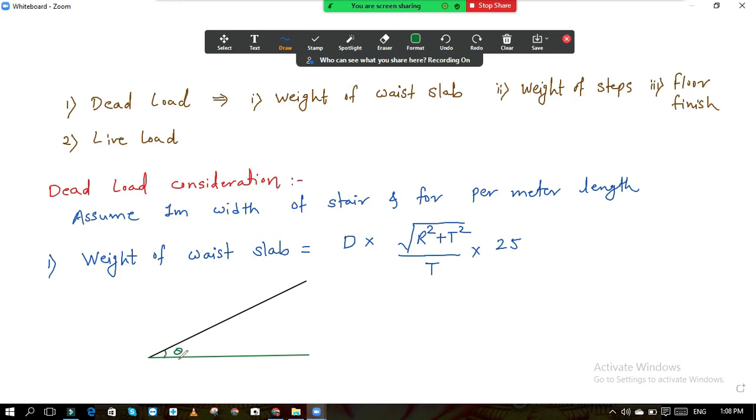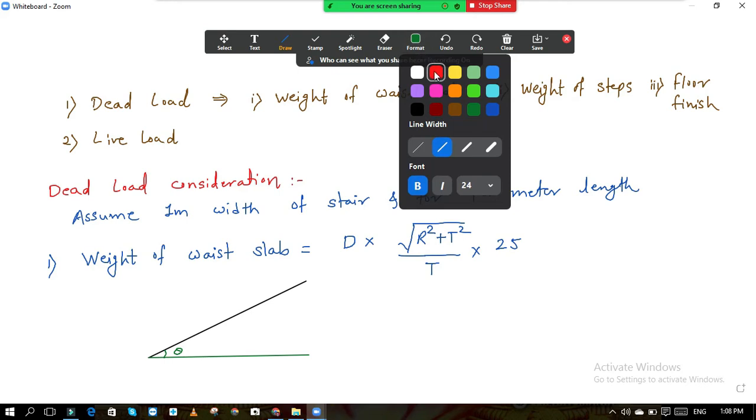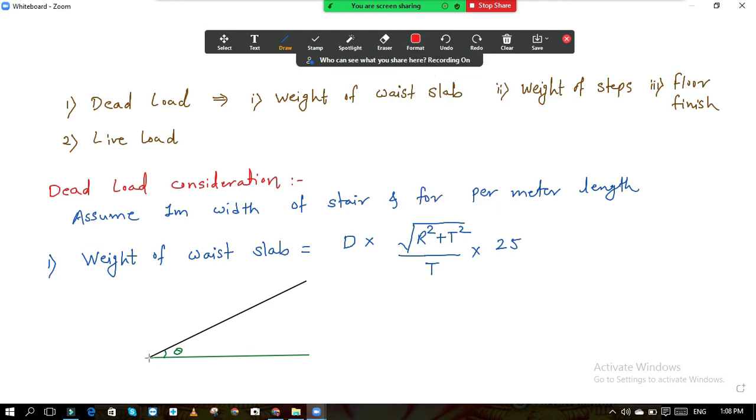If you draw the steps, they will be like this: this is your riser, then tread, again riser, tread, and so on it continues.